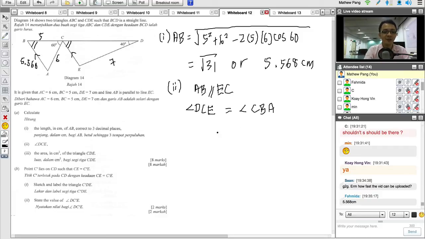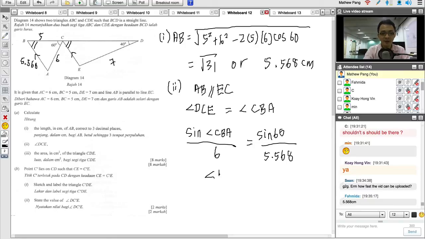So I can find this now. Sine of angle CBA over 6 equals sine 60 over 5.568. Just use the sine rule. So sine of angle CBA will equal sine 60 over 5.568 multiplied by 6.